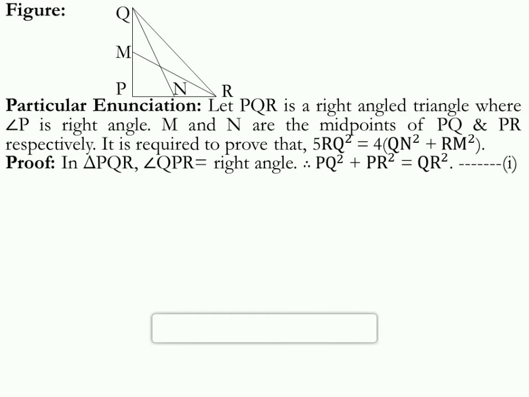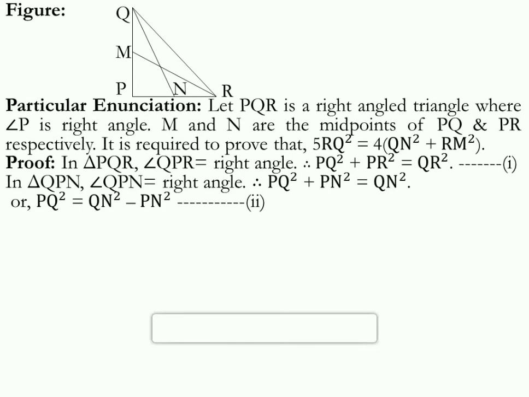At first, in PQR, if we apply the Pythagoras theorem, because angle P is a right angle, we have QR square equals PQ square plus PR square. Now, if we take the triangle PQN, here also angle QPN is a right angle, so again applying the Pythagoras theorem, we have QN square equals PQ square plus PN square.